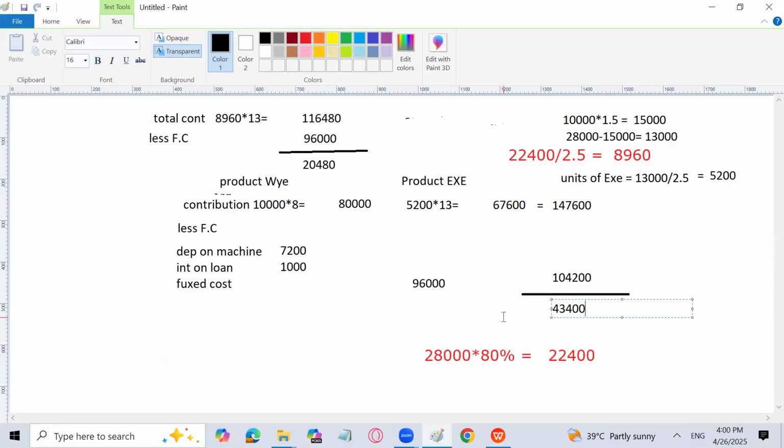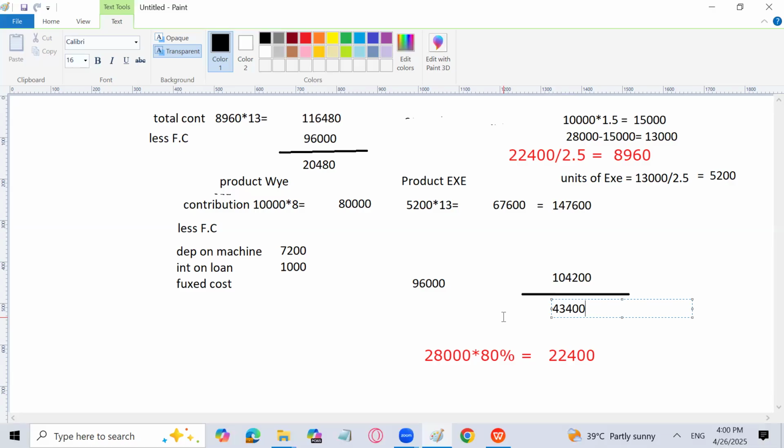And Y's contribution overall matters, because there is no increase in fixed cost in option 2. Fixed cost will remain the same at 96,000. So in addition to X, we are producing Y, which increases fixed cost by 8,200 only. So the profit we are getting from Y is too much. Because of that, we are reducing the production of product X by almost 4,000 units, which was 8,960 in the past, to 5,200 into 13.